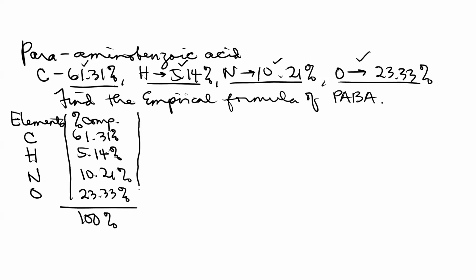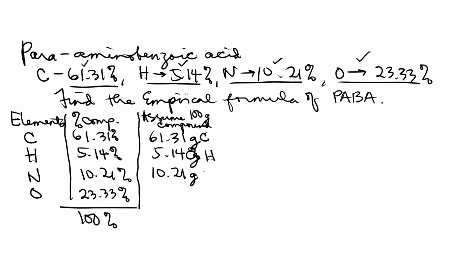Now, how do we work from here? Assuming 100 grams compound, so assuming that we have 100 grams compound, then we will automatically have 61.31 grams carbon in 100 grams of the compound, 5.14 grams hydrogen in 100 grams compound, 10.21 grams nitrogen in 100 grams compound, and 23.33 grams oxygen in 100 grams compound, right?